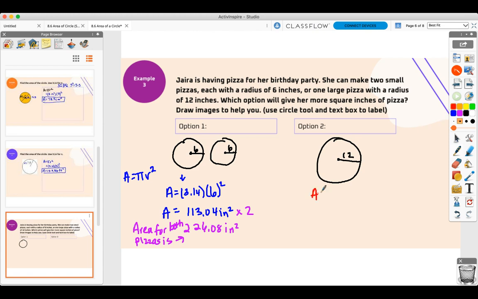Now let's find the large pizza. So area is equal to 3.14 times 12 squared. 12 squared is 144, so 144 times 3.14 ends up giving you 452.16 inches squared.